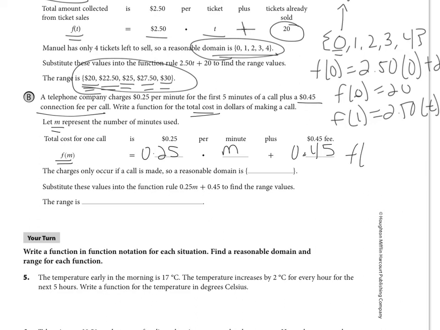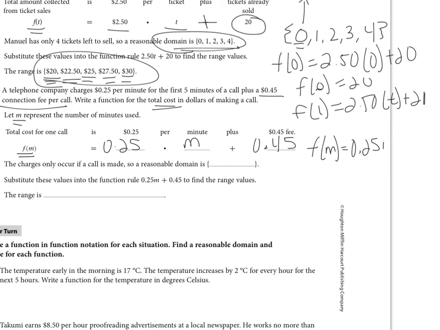So if I write my equation over here a little bit nicer, it's 0.25m plus 0.45. All right, now we need to talk about what a reasonable domain is. So technically, I guess you've got to talk more than 0 minutes.